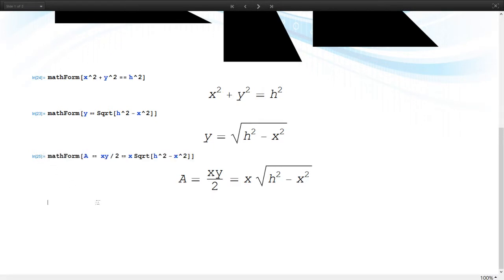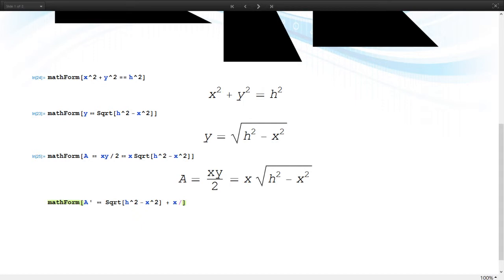Okay. We take the derivative of both sides, because it gives us A prime is equal to, and we use the product rule here. So we have the derivative of the first function, which is 1, times the second function, which is the square root of h squared minus x squared, plus the first function x times the derivative of the second function, which is a chain rule problem.